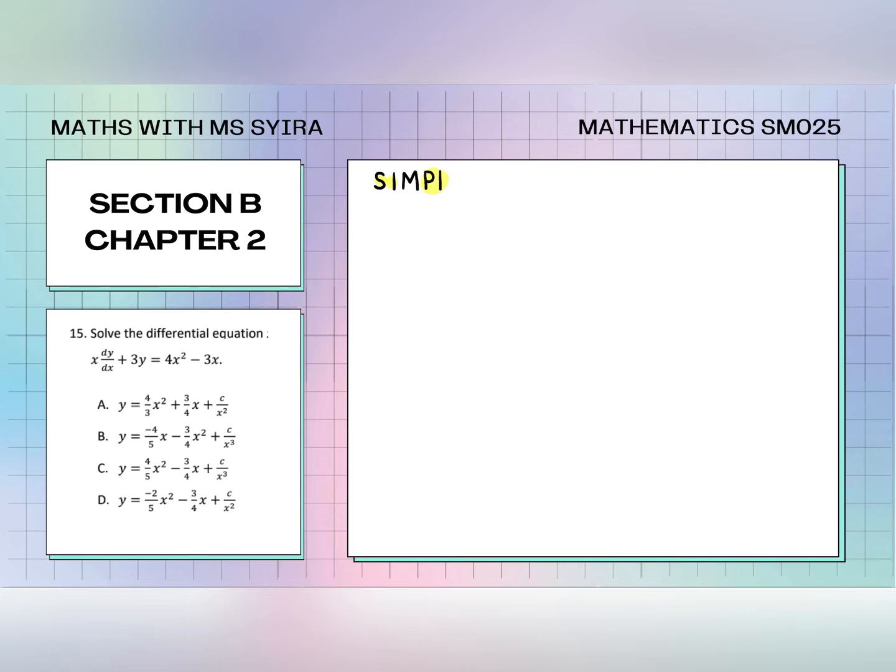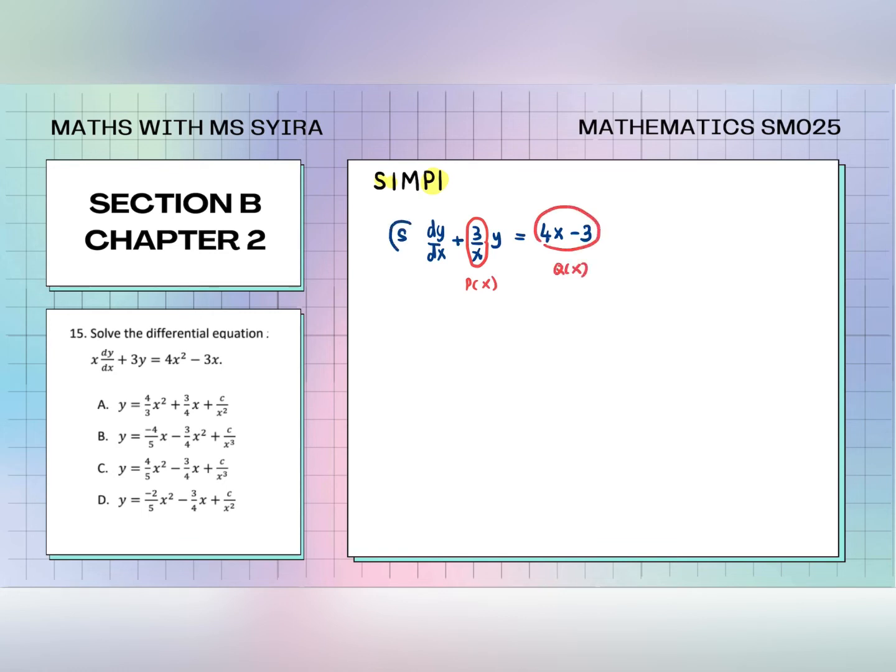Okay, so saya buat S dulu, S standard form. So kena dy over dx plus 3 over x y equals to 4x minus 3. Okay, that means this will be our P of x and this will be our Q of x.